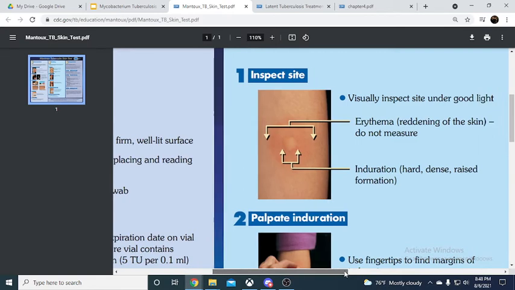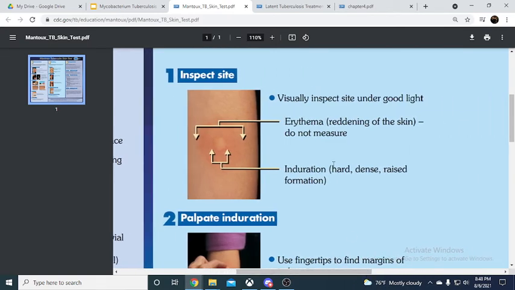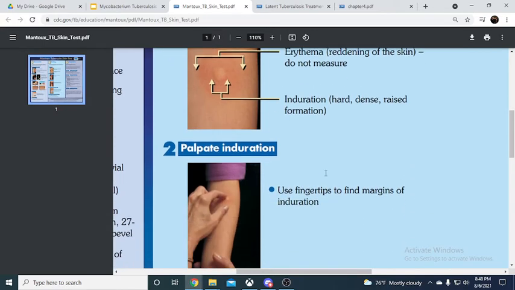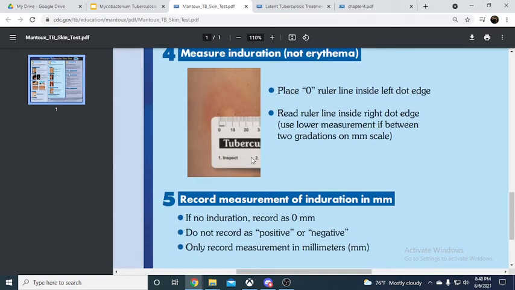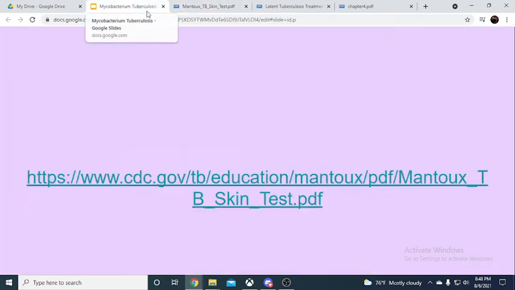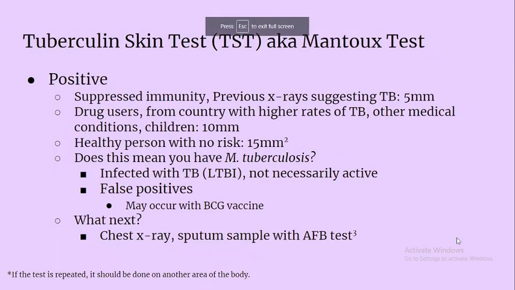So there might be some reddening, and it's going to be hard. That's one of the main things that is highlighted. And here there's this tuberculin ruler that's used in order to measure how large the induration is. Okay, so back to this.